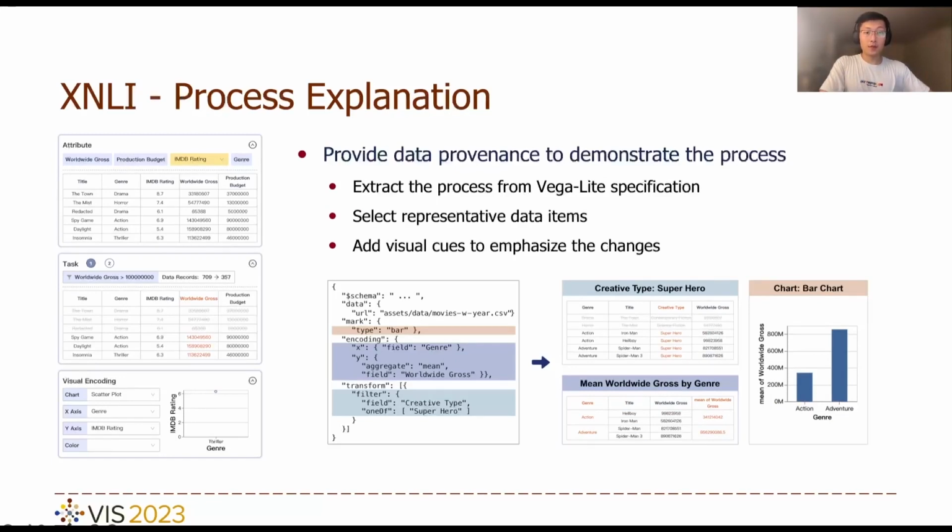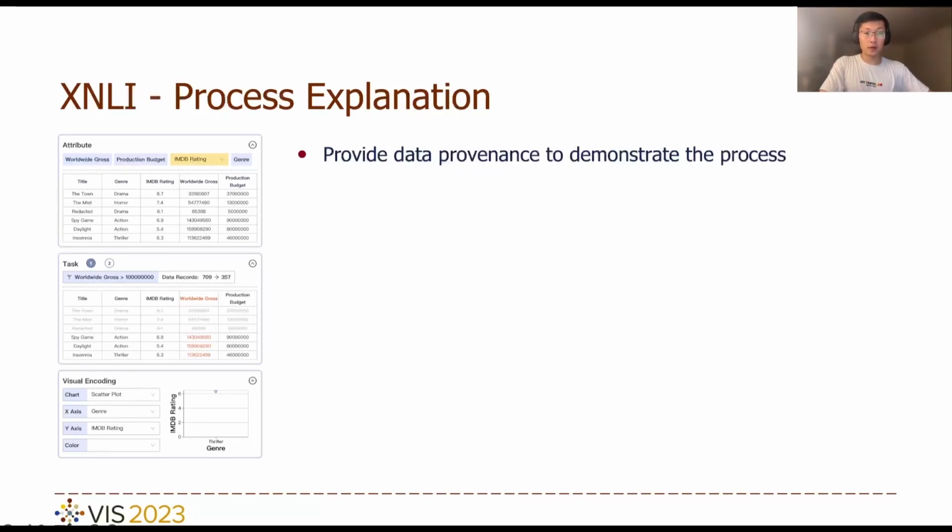Then it adds visual cues to emphasize the changes. The attribute of the current task will be highlighted in orange, and the filtered data items are displayed in gray.